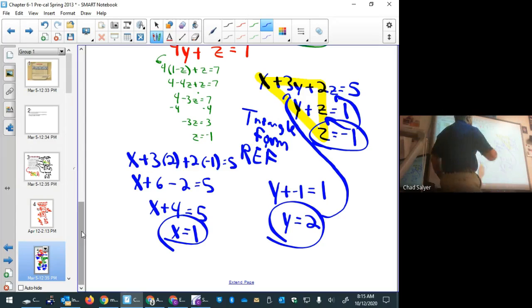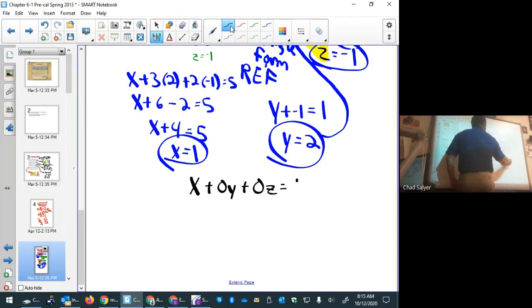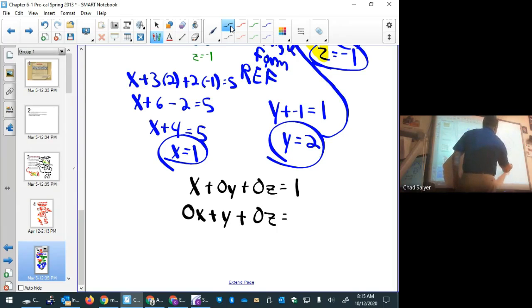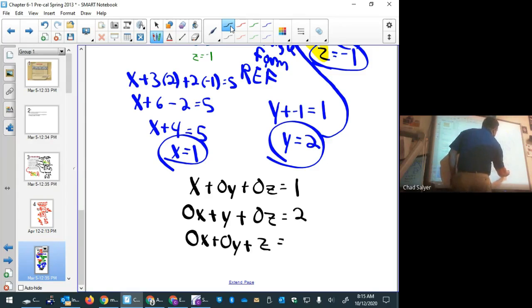So what we could write the system as now is x plus 0y plus 0z equals 1. And then 0x plus y plus 0z equals 2. And 0x plus 0y plus z equals -1.